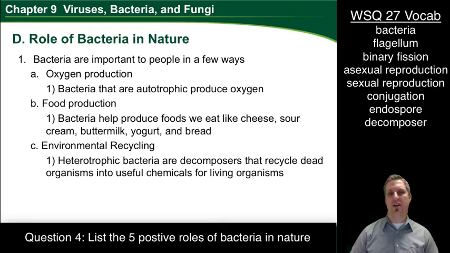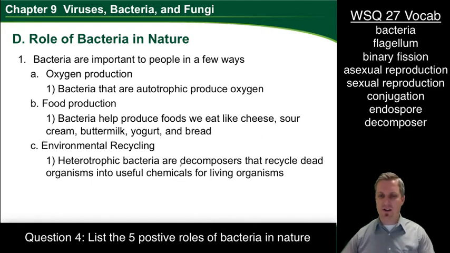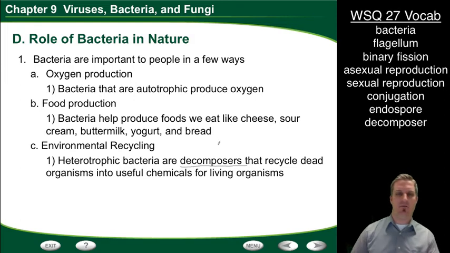Second, food production. Bacteria, as we saw in the very first slide, help produce foods like cheese, sour cream, buttermilk, yogurt, bread and all these different things. So they're very vital to food production. Third, environmental recycling. Heterotrophic bacteria are decomposers, organisms in the environment that eat dead things.